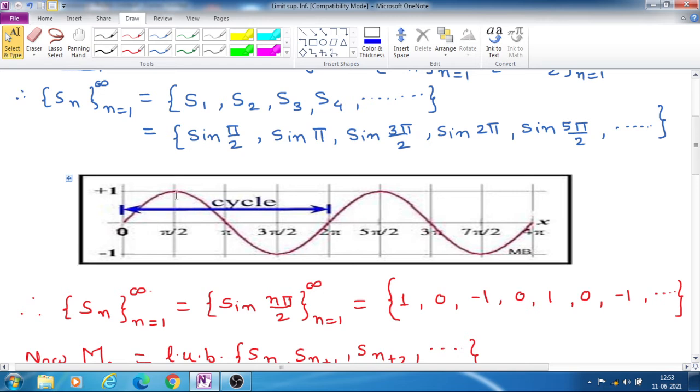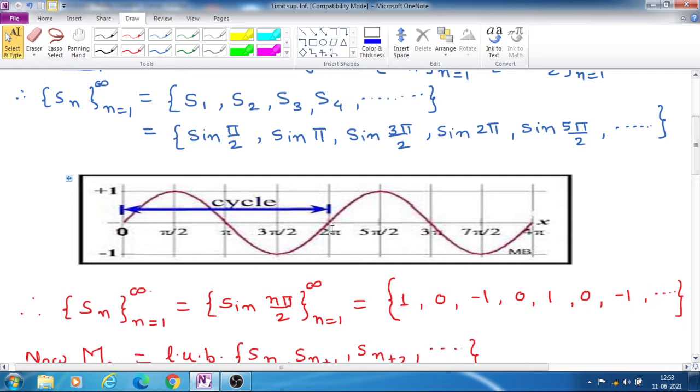The first value sin pi by 2 is 1, so here I have written 1. The next value is sin pi, which is 0. The next value is sin 3 pi by 2, x equal to 3 pi by 2, and the point on the graph has y value minus 1.